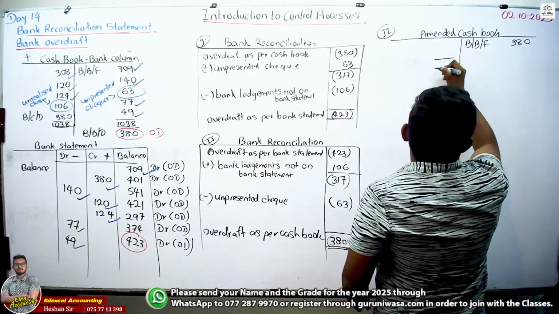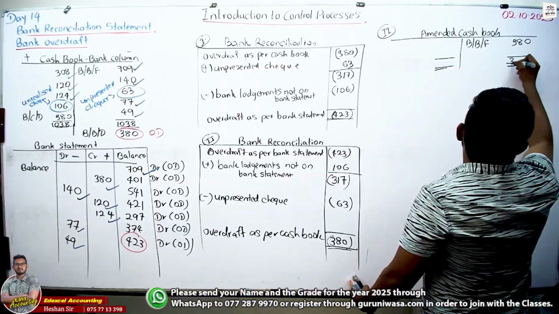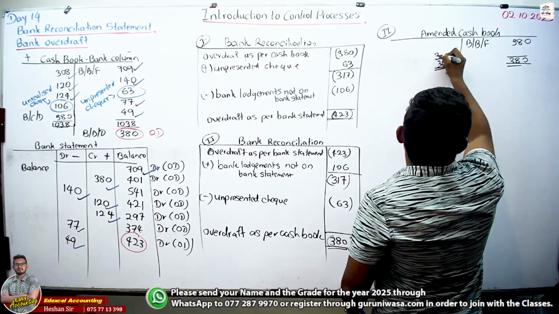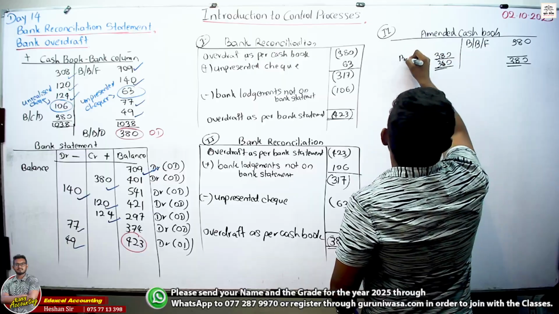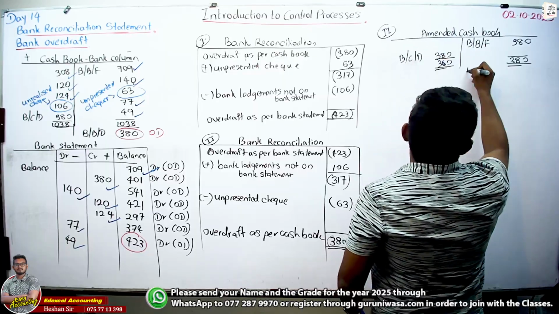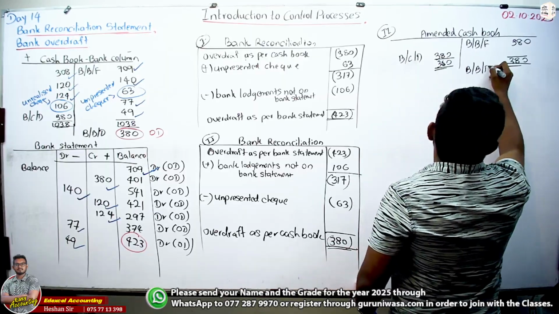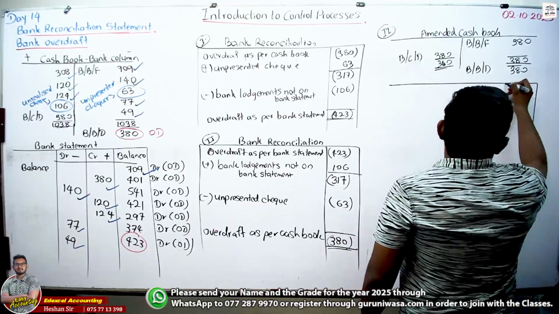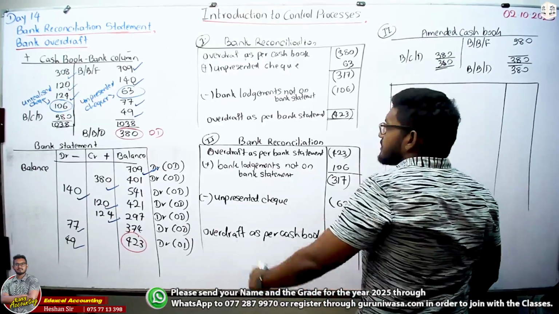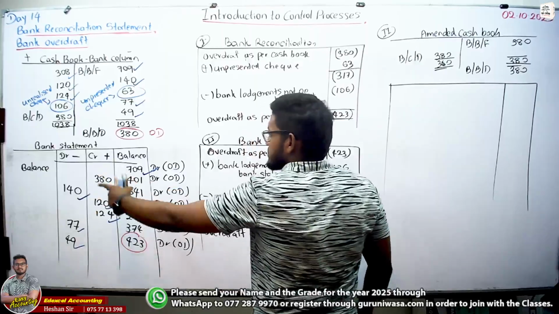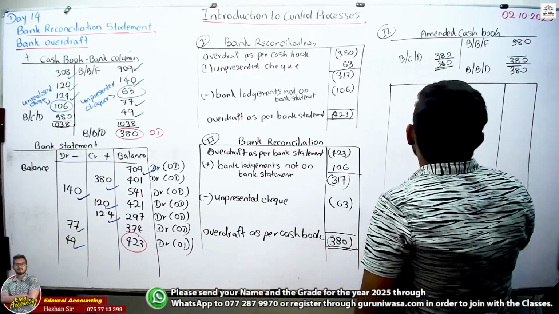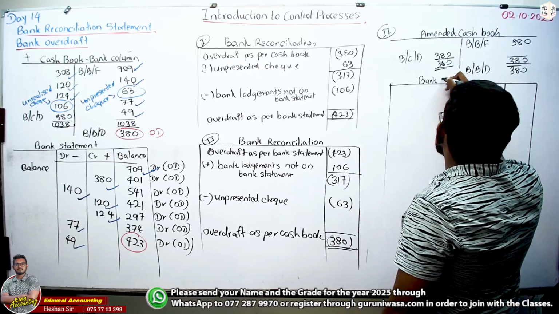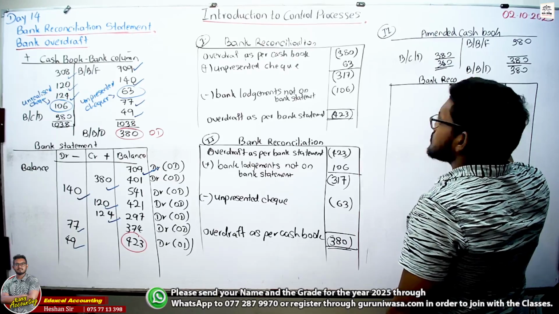So nothing here, same thing, 308 to 308. If we prepare the bank statement in the amended cash book, I told you we record it. There's nothing in the bank reconciliation. I got the same three methods.